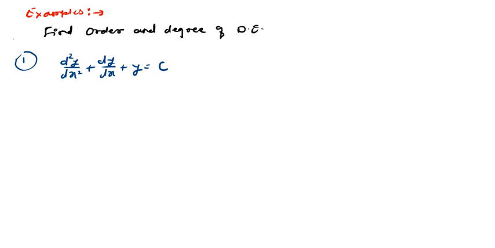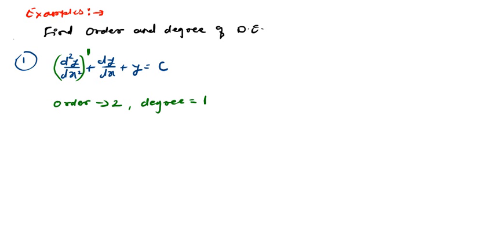By the definition of order, the highest order derivative is d2y by dx square, so the order will be 2. The power of d2y by dx square is 1, so the degree of this differential equation is equal to 1.